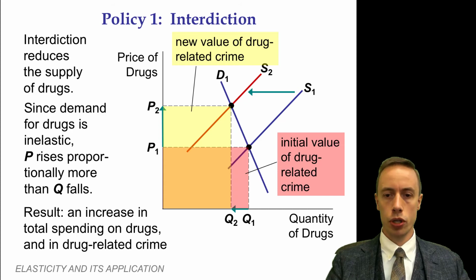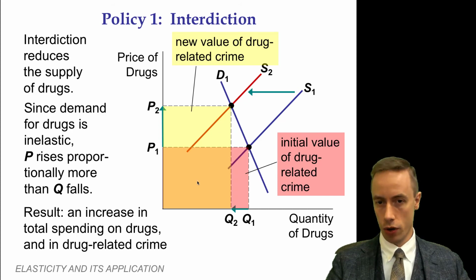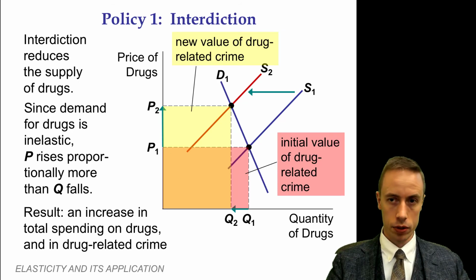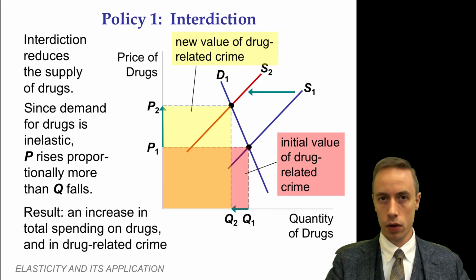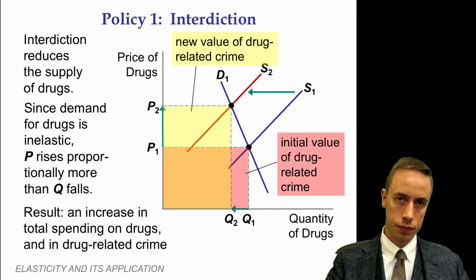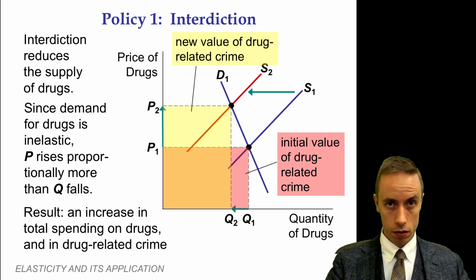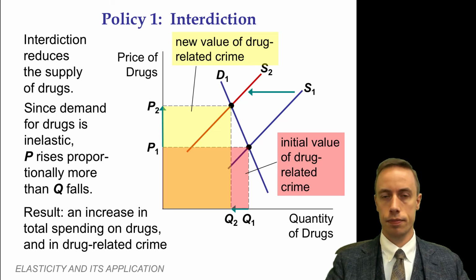The more we reduce the supply of the drug, the more revenue will be spent on these drugs, resulting in perhaps more drug-related crimes. This is a key lesson of economics. When you implement a policy, it doesn't just do what you want it to do, but it almost always also has consequences that are unintended.